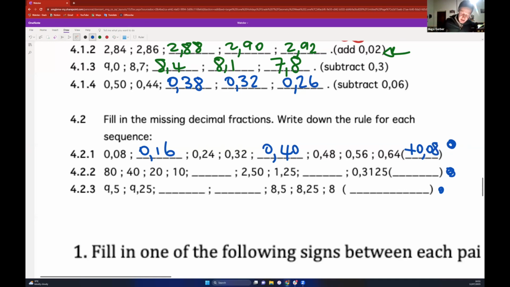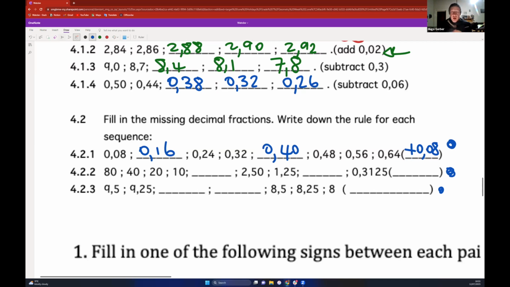Well done. That is excellent. Umar, I want to make you aware of one thing. Any number after a comma, we always say the number in itself. So, for example, we always say 0.40 and 0.48 and 0.56.